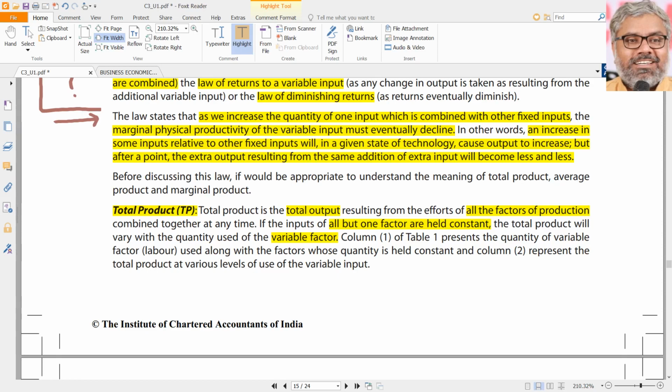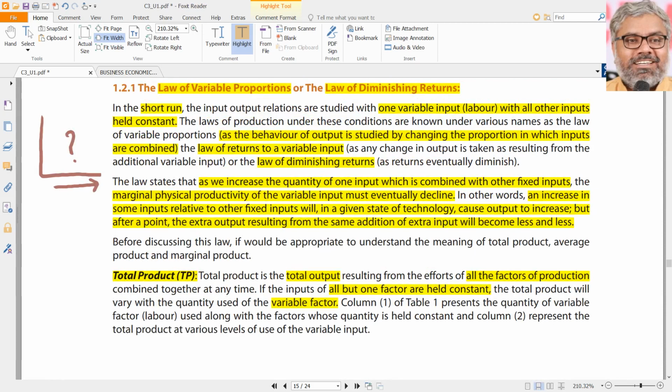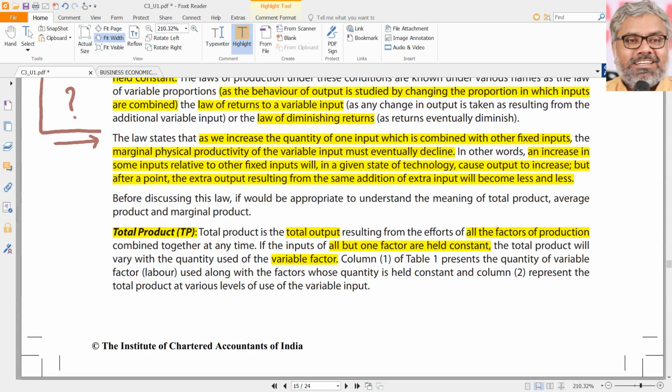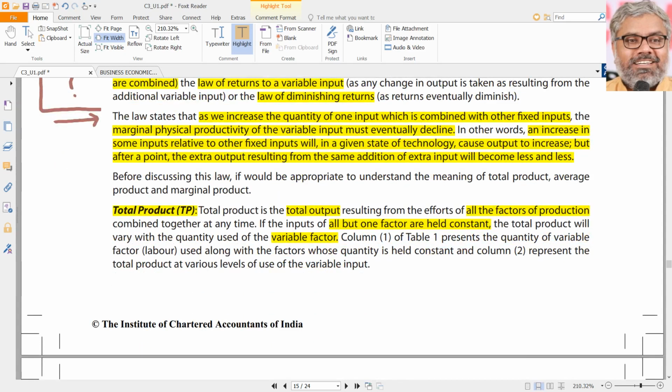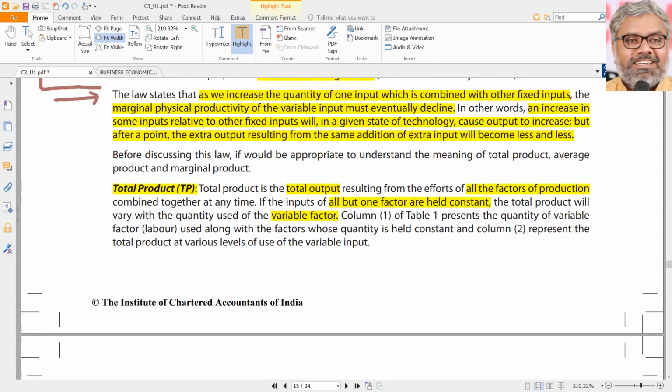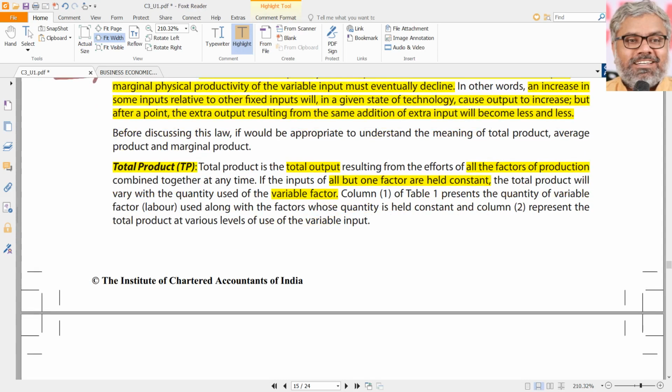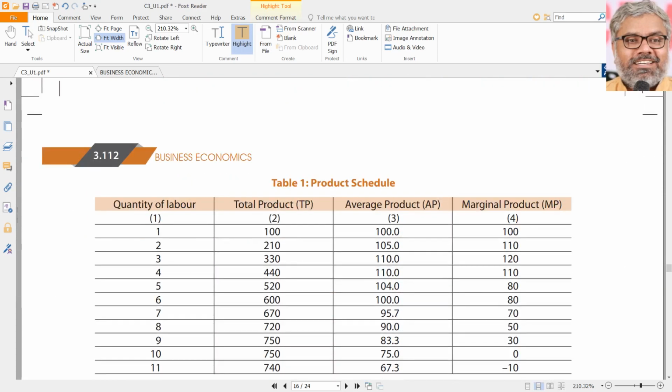When you keep on increasing the labor, let us say the same example, will the output increase or not? Definitely yes. But how will it increase, how will it change? Is it going to increase forever or how is it going to change? That is what we have to observe on the graph, where we can understand the impact of the increase in the input on the total product. How is it changing? So that is what total product is all about.